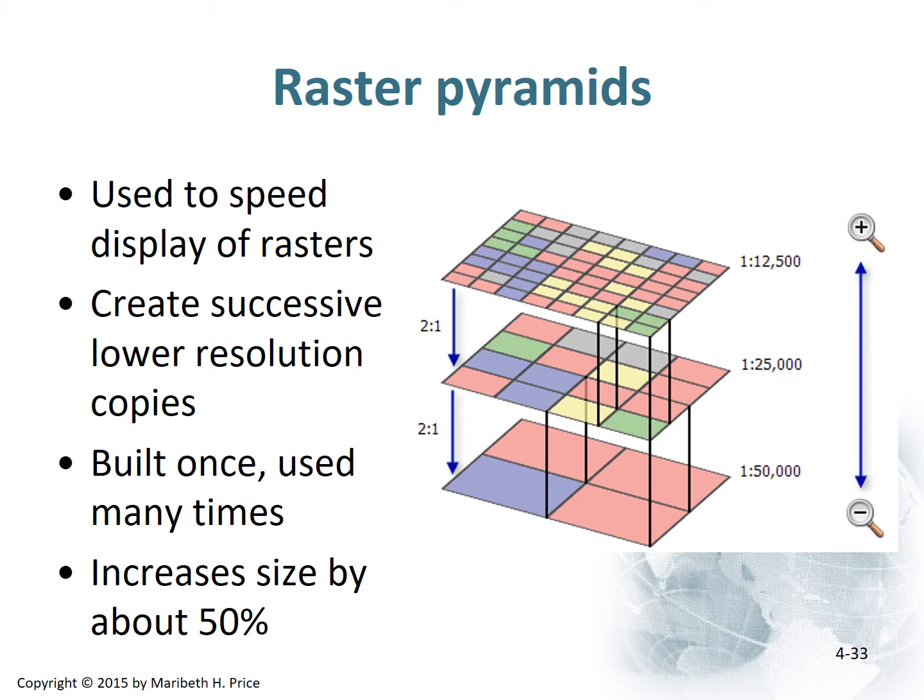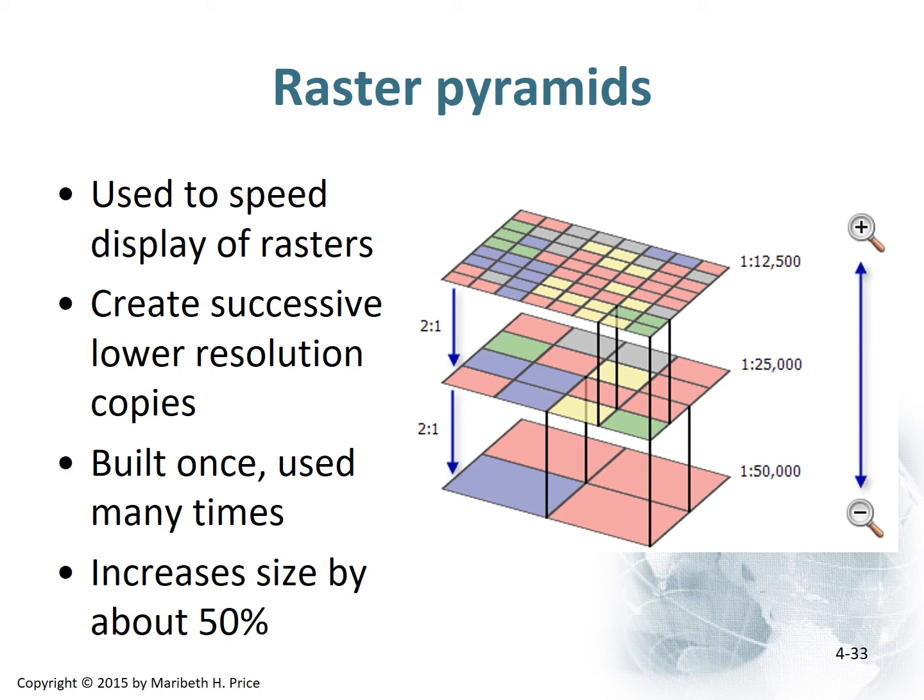Here's the thing though, if you go the other direction and you're already at the 1 to 12.5 and you want to make a 1 to 25 and a 1 to 50 copy like that, that's not as much more data as what you might think. In fact, it's only about 50% of the original data set's size.